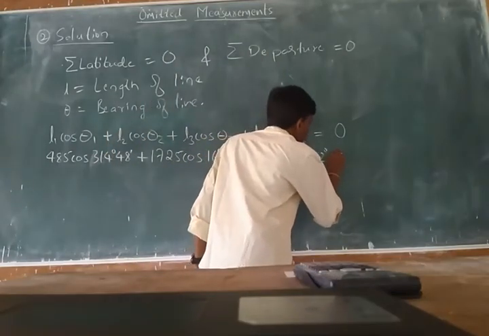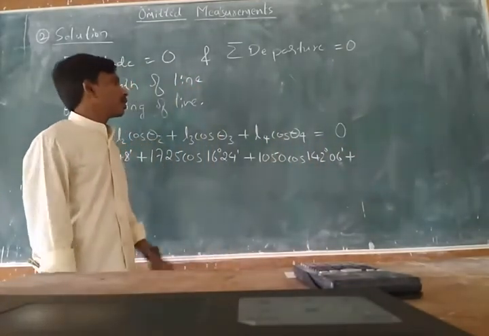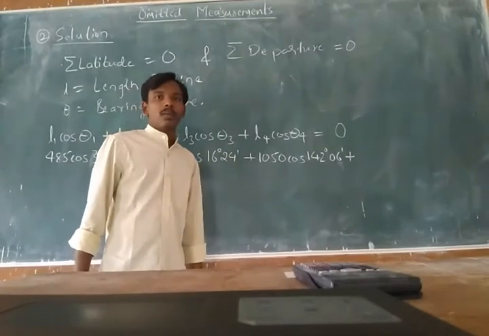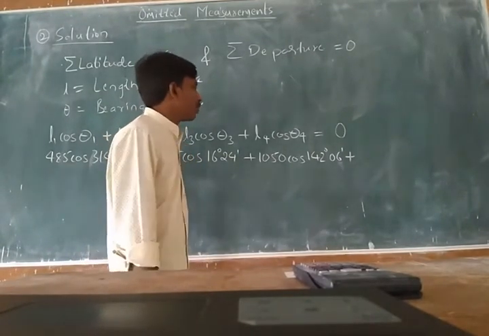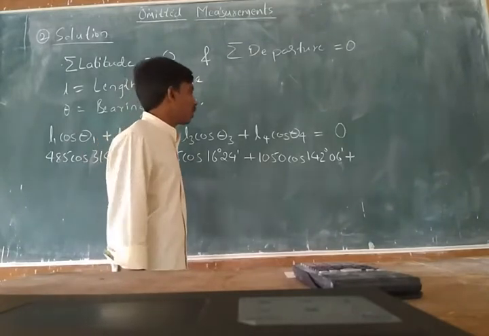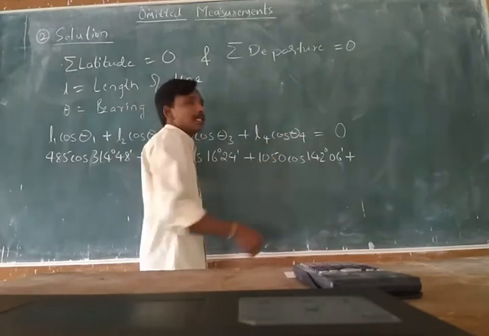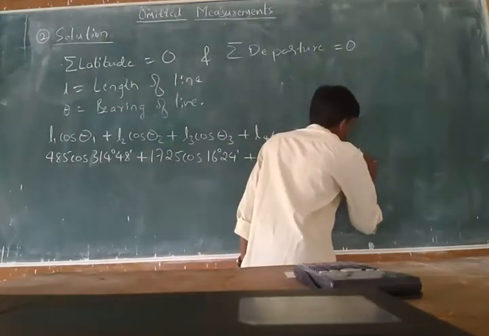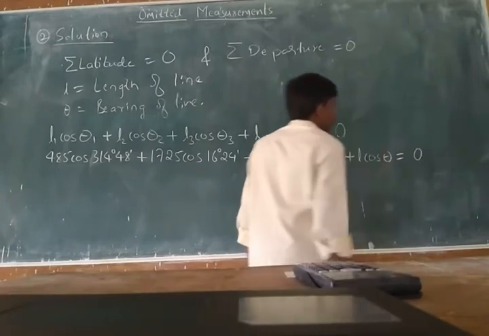142 degrees 6 minutes plus we need to write L4 cos theta 4, but we don't know the length of DA line and we don't know the bearing of DA line. So for that reason, let's substitute L4 as L, theta 4 as theta. So L cos theta, that is equal to 0.